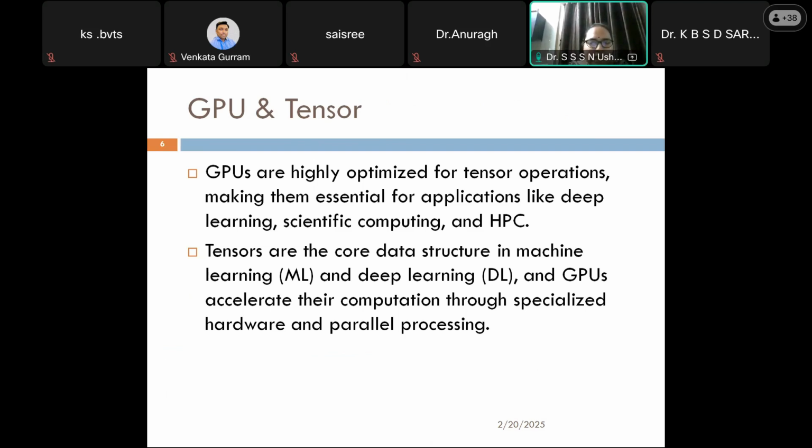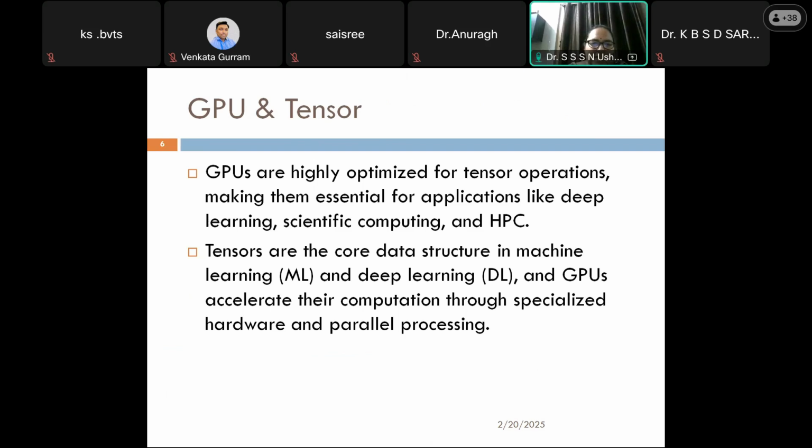Array computations are very important for AI and ML. Of course, for AI we generally go for algorithms only. For ML and DL, deep learning models, array computations are very important because they are the basic operations in machine learning and deep learning. So the GPU has the power of optimizing those tensor operations because it mainly focuses on vector additions, vector multiplications, vector operations.